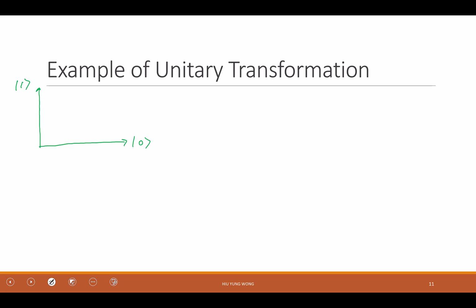And then I have a vector, V, equals alpha 0 plus beta 1. So that's it, right? I have a coordinate, and then a vector. Again, I try to hijack the 2D plane. It is still valid because what I'm doing is just a 2D rotation. I don't claim this is a qubit, but in some sense, they have the same result.